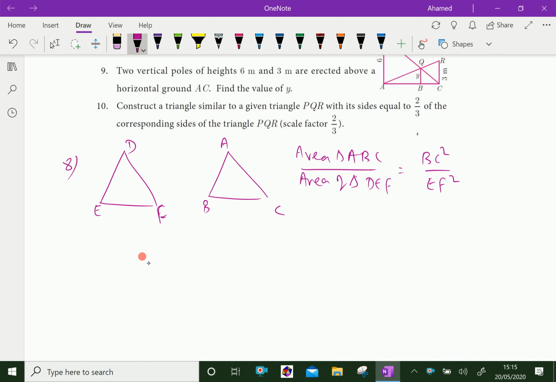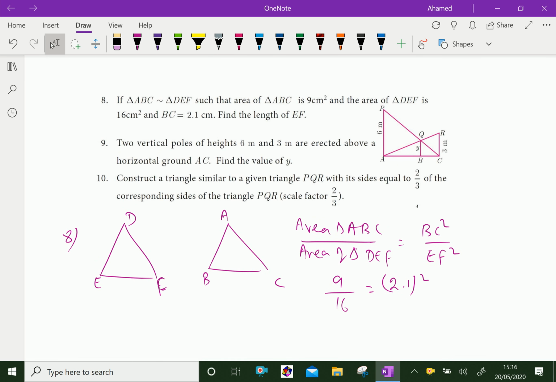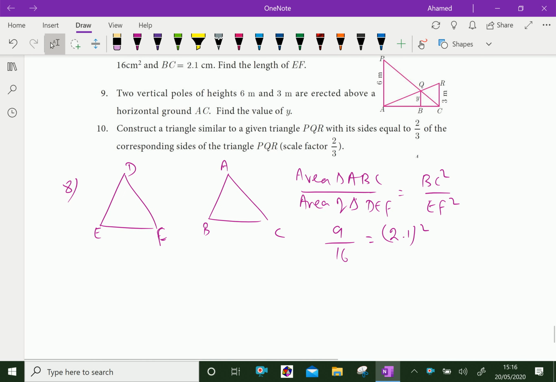Therefore, the area of ABC is 9 and the area of DEF is 16, equal to BC square, that is 2.1 square, over EF square, and EF we need.